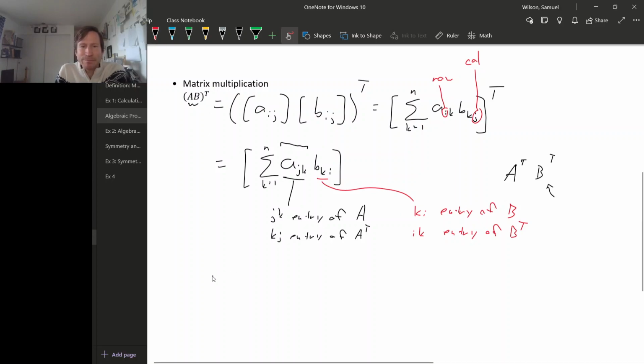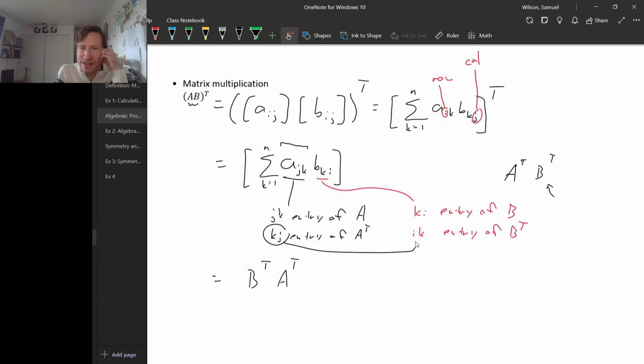So this is actually the formula for B transpose times A transpose, right? Because with the entries, these entries with the transposes are set up to be multiplied in this order, right?